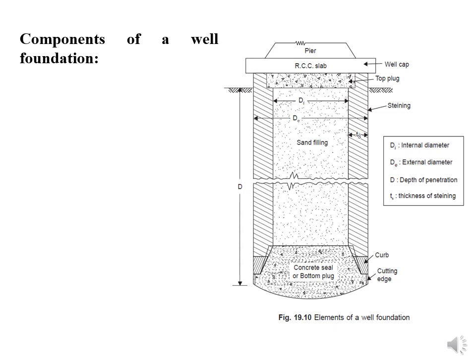In Hindi it is called pier. So we can construct the pier, and above the pier we can go for the construction of railway bridges or road bridges, or we can go for the laying of railway girders. So above the piers. We shall go one by one through the definitions of these components.